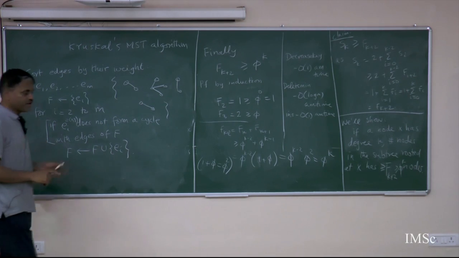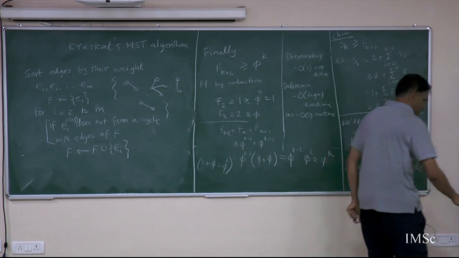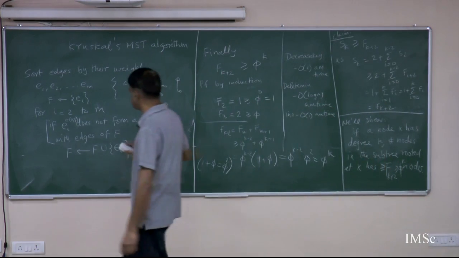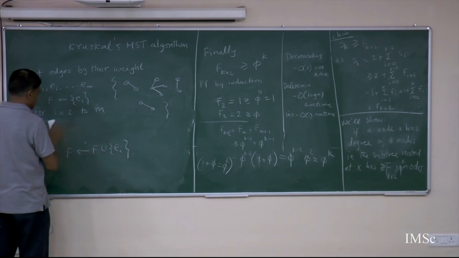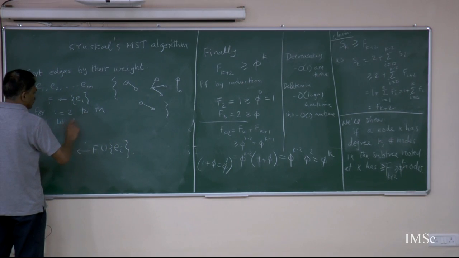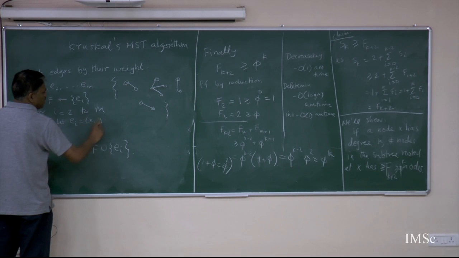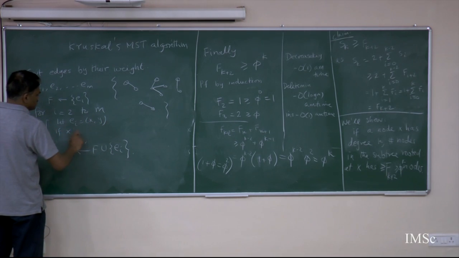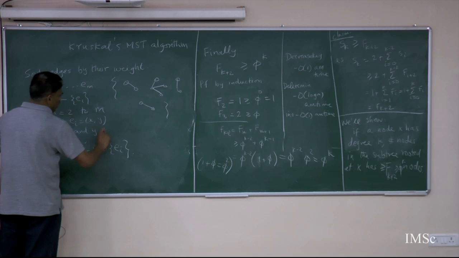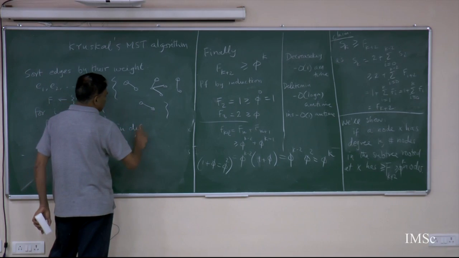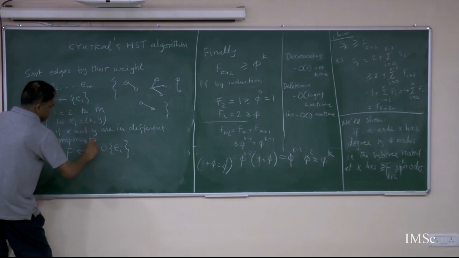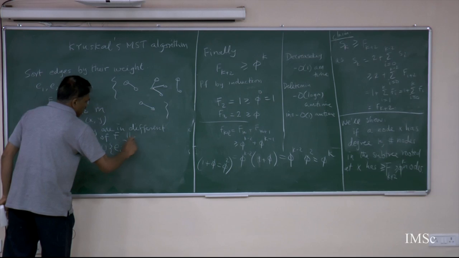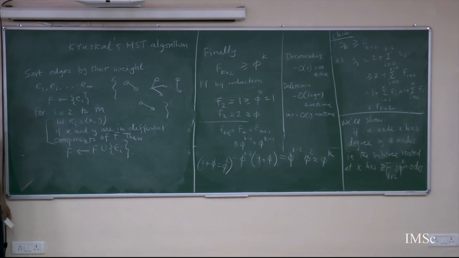So I can rewrite this: let EI equal XY. If X and Y are in different components of F, then I add EI to F.